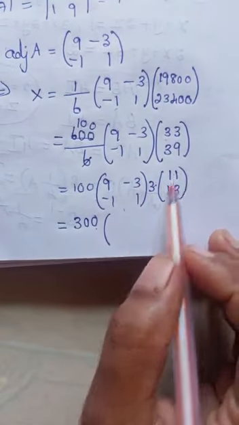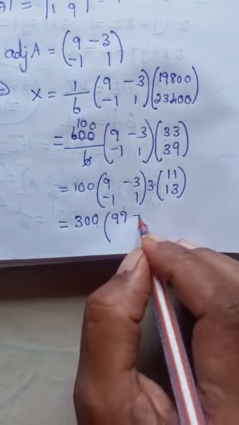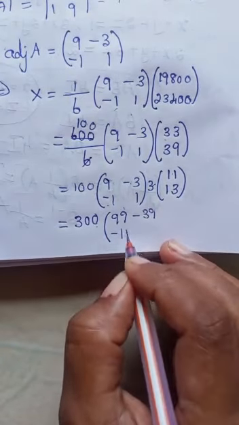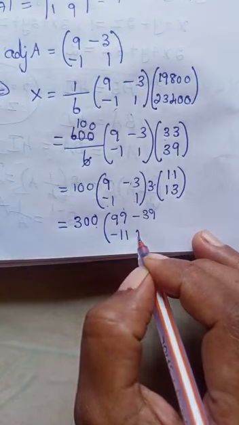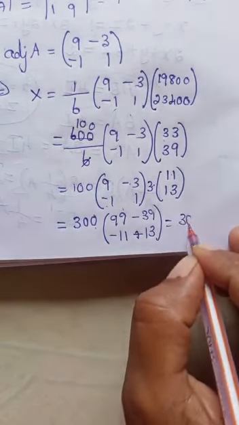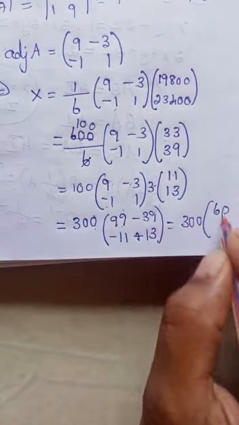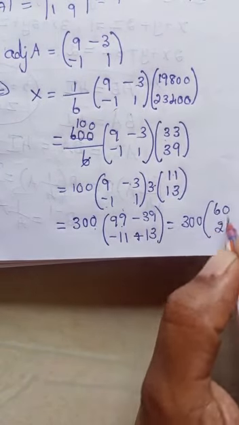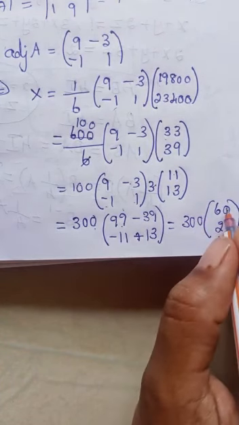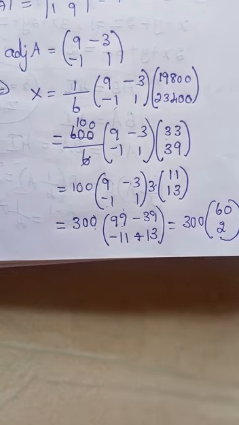Now we can multiply: 9 into 11 is 99, minus 3 into 13 is minus 39; minus 1 into 11 is minus 11, plus 1 into 13 is plus 13. So we get 300 into 99 minus 39, that is 60, and minus 11 plus 13 is 2. Now we can multiply: it's 600 into 30, then for the second value, 300 into 2.